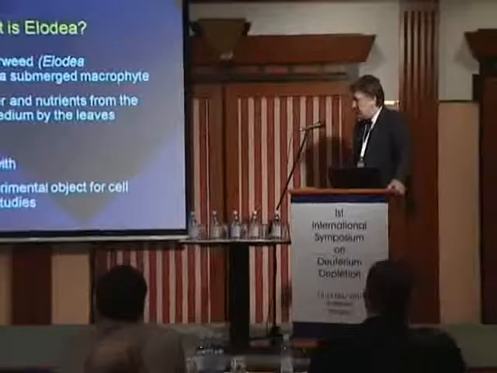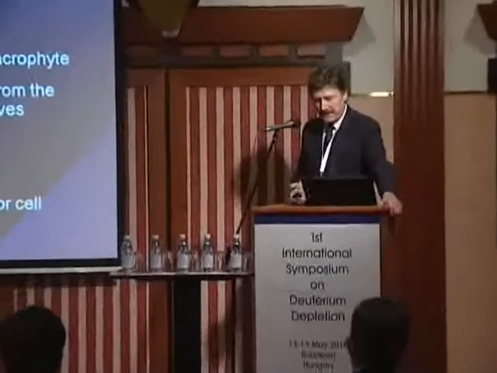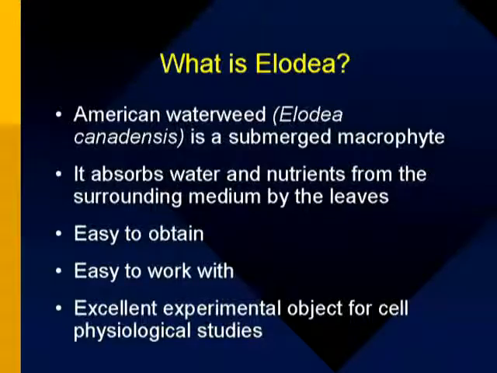Perhaps not all of you are familiar with what Elodea is, but thanks to the morning session, we know that Elodea is a favorite aquatic plant, and is a submerged macrophyte which now is present also in Europe. It originates from North America, and there were times when it was not a very nice guest arriving from the United States.